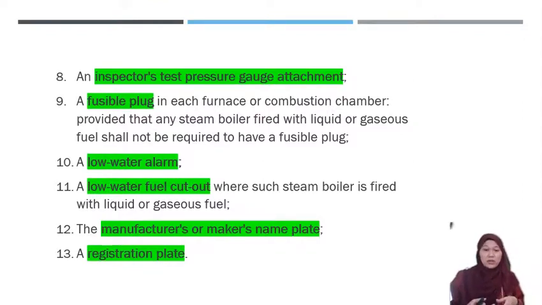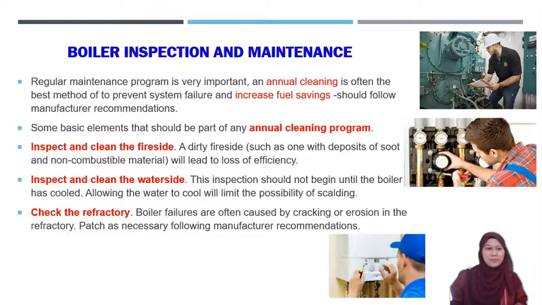We know the year of making the vessel and who is in charge of manufacture, and all that must be displayed. It's easily found on the vessel itself, and the registration plate is very important. So these 13 essential fittings must be checked and must be included in the boiler system.